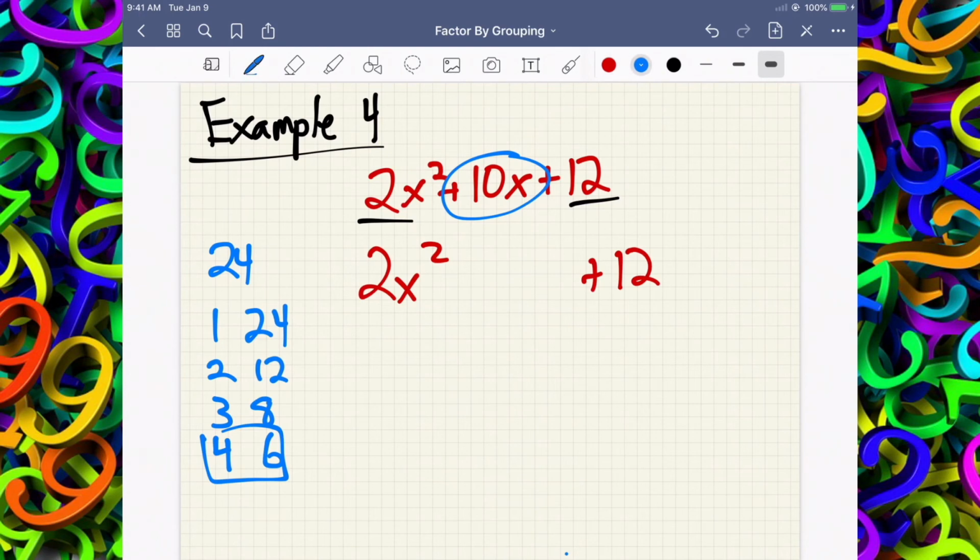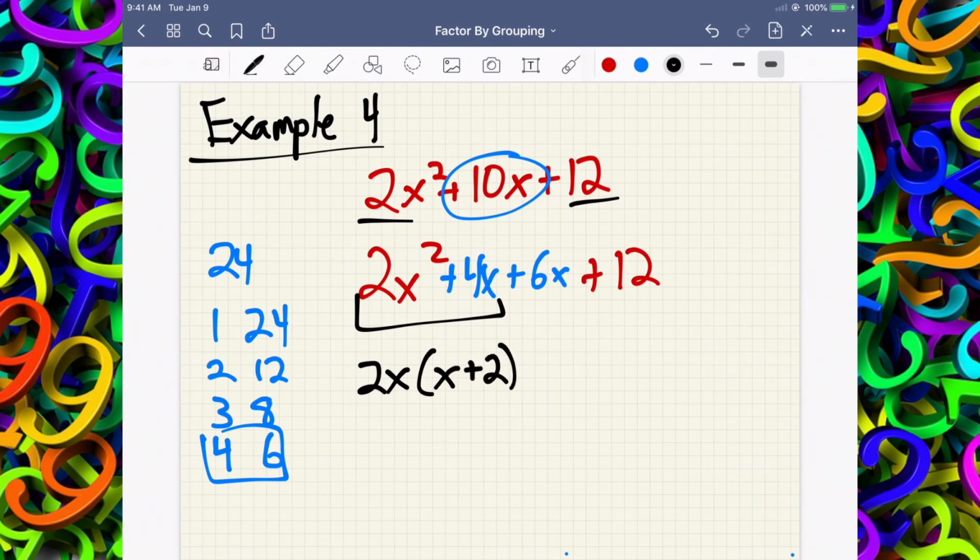With that split, 10x is now split into 4x plus 6x, right? We group. On the left-hand side, we have a common factor of 2x times x plus 2. We group again. On the right, we have a common factor of positive 6.